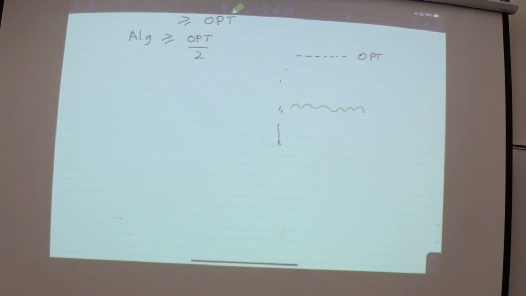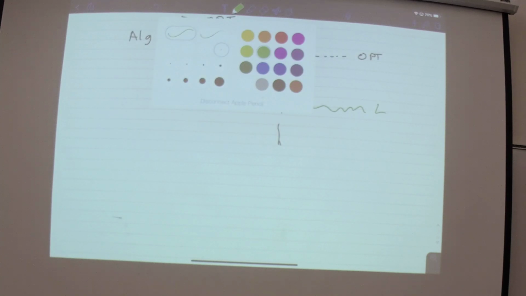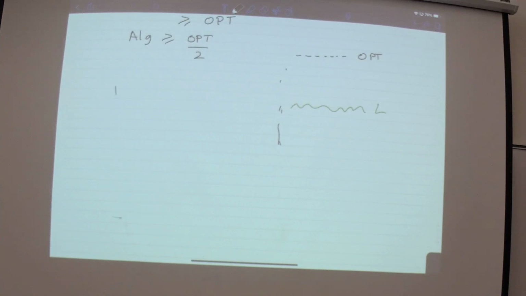We'll call it L. And I can reason about two things: number one, L is close to opt, and two, the algorithm is close to L. And usually L is some proxy for optimal that's a bit easier to work with.